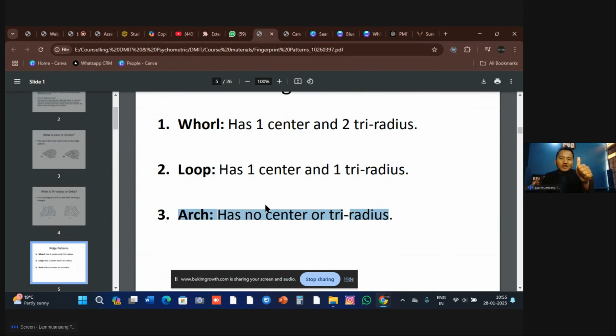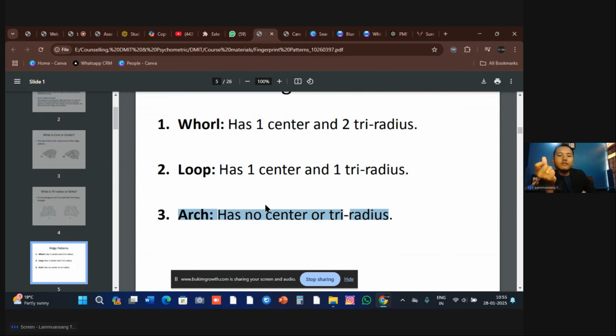The primary personality is always the left thumb. So let's say if I have a dominant type, that is a whorl, that means my primary personality will be dominant.